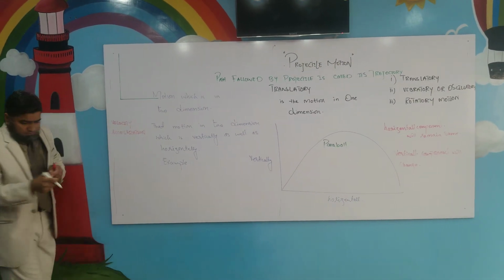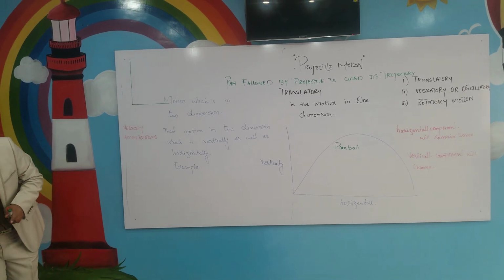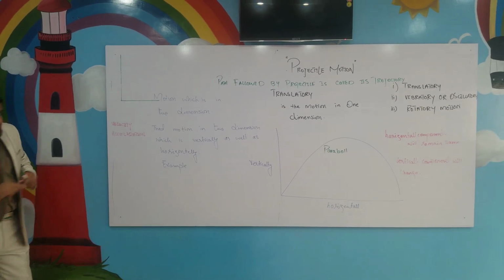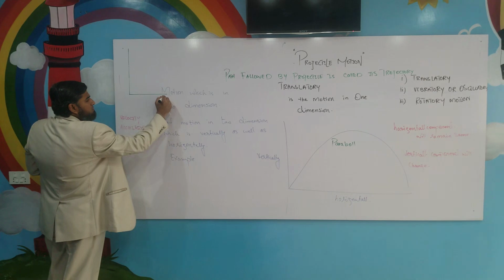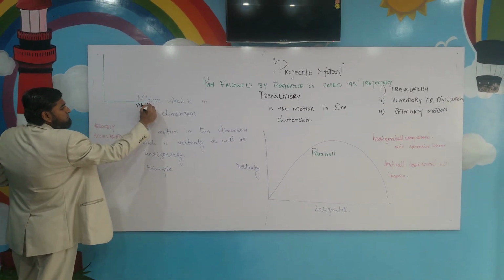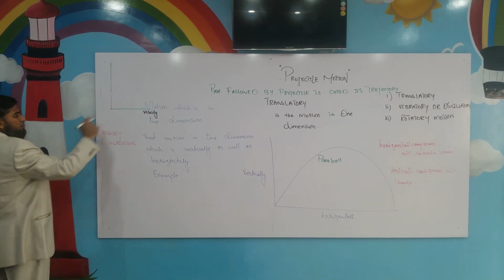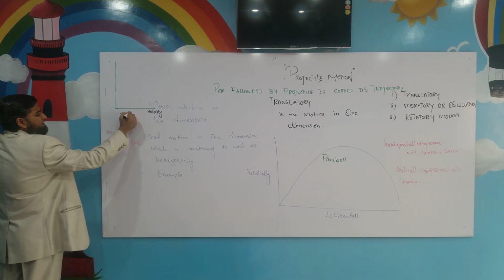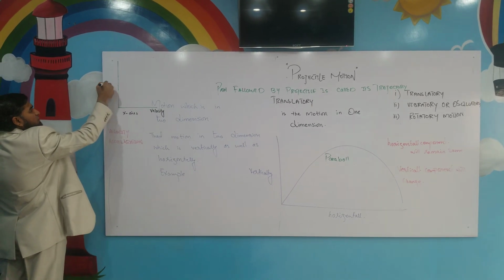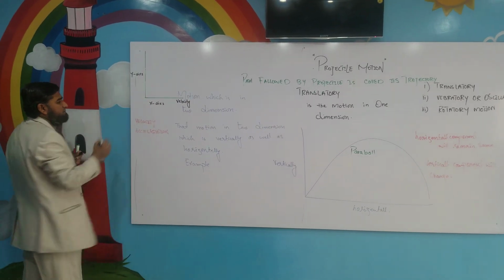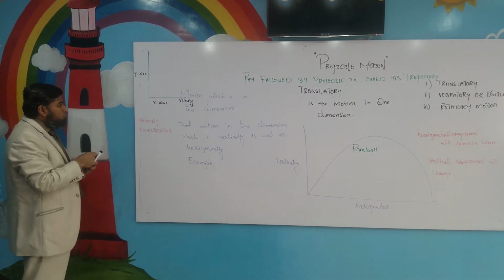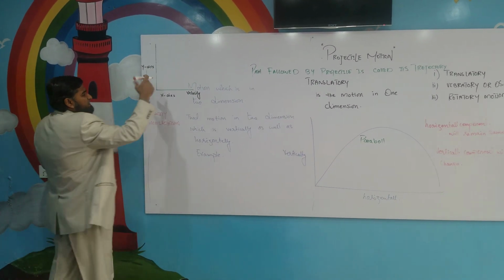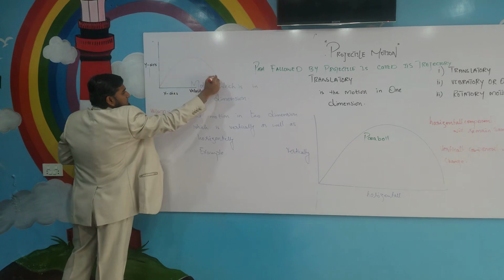Now this is velocity, this is your x-axis, and this is your y-axis, and the projectile motion is just like this.